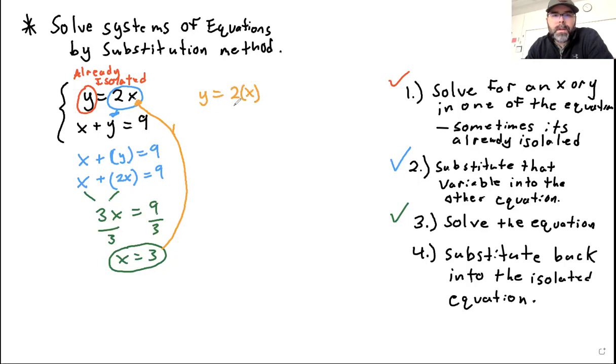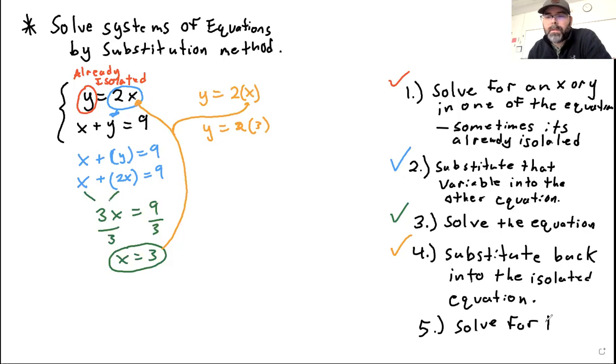So let's rewrite this equation. I'm putting parentheses around that x because I'm about to replace it with what? 3. Exactly. Did I substitute the 3 in? Yes, we're done. Then the 5th step is to solve for the other variable.